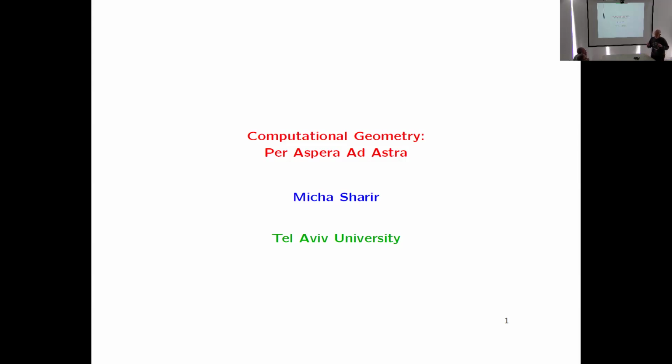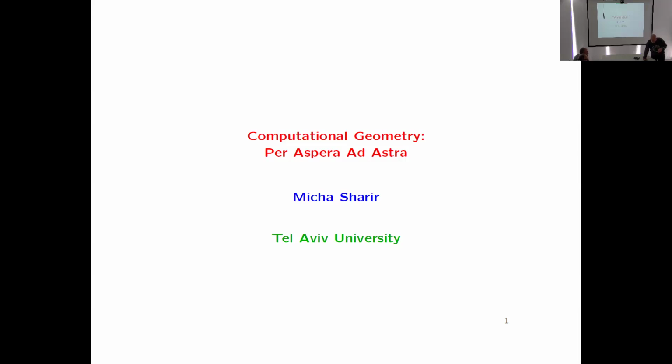It will be kind of a tour of a significant part of computational and combinatorial geometry that I've been involved in over the past 40 plus years, together with many students, some of which are very new, and many colleagues.